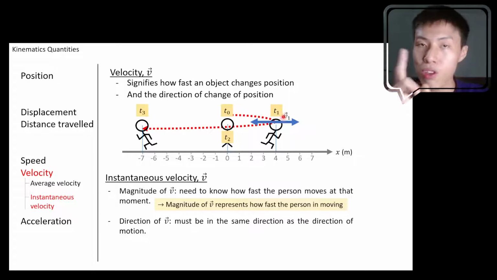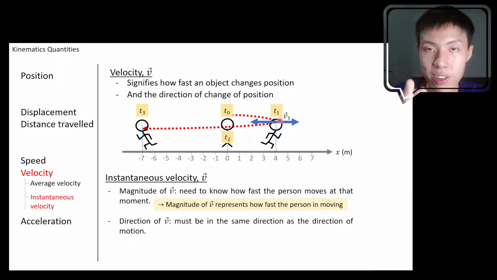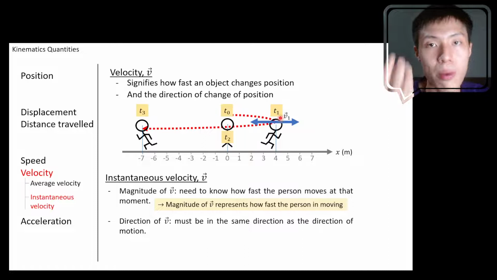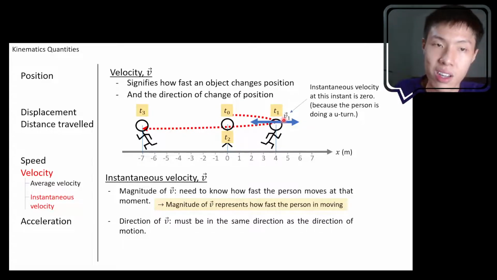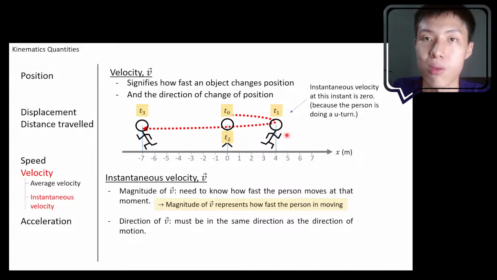When you're making a U-turn, you have to have a little stop. When you have a little stop, the magnitude of velocity is 0. Or how fast the person is moving? It's not moving at that particular moment. Or we can say the speed is 0. So in that case, there should not be any arrow over here as well, because it is at a stop before changing direction.